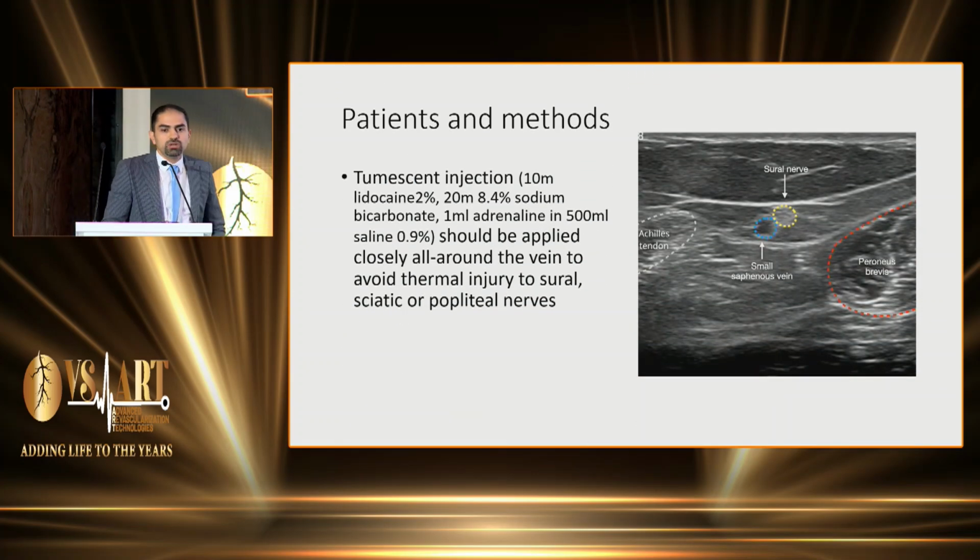One of the crucial points is the tumescent injection, increasing the fluid around the small saphenous vein and separating it from the sural nerve. You must inject the fluid all around the vein, not just from the upper or lower part, to separate the sural nerve from the small saphenous vein.